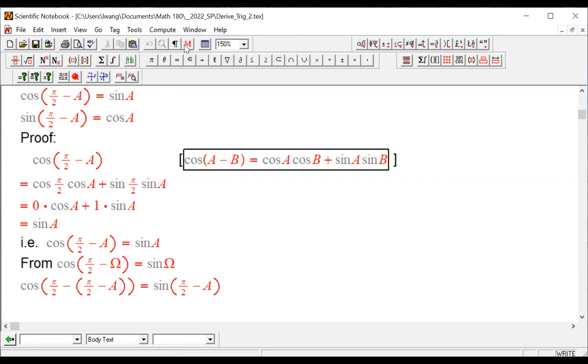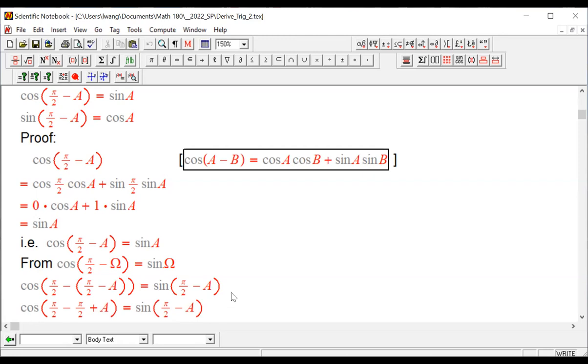And then we got cosine. If we open the parentheses here, pi over 2 minus pi over 2 minus pi over 2 plus a. So that equals to sine of pi over 2 minus a.